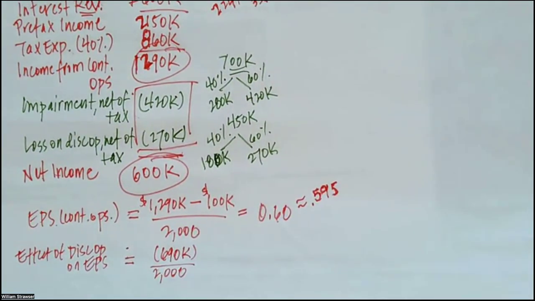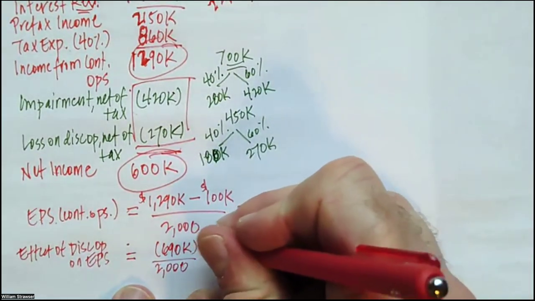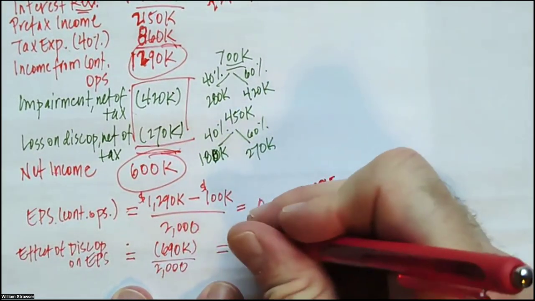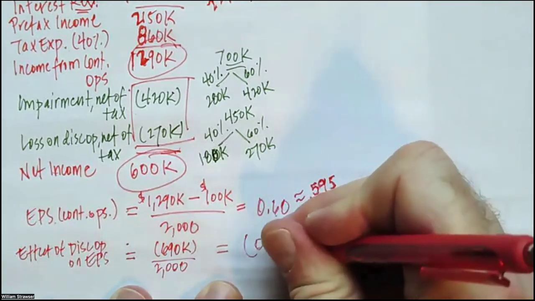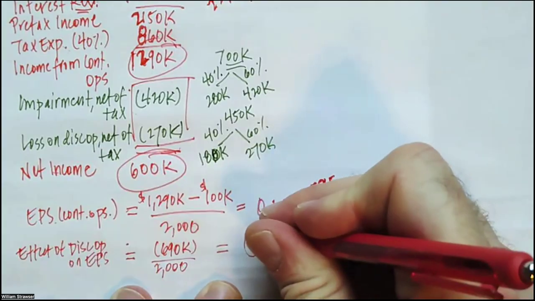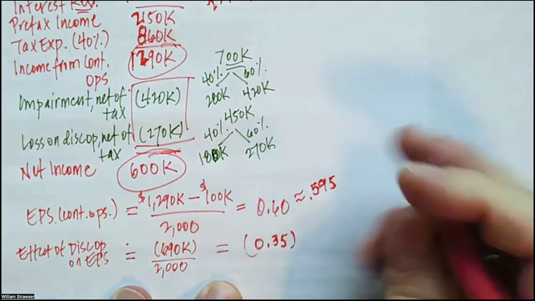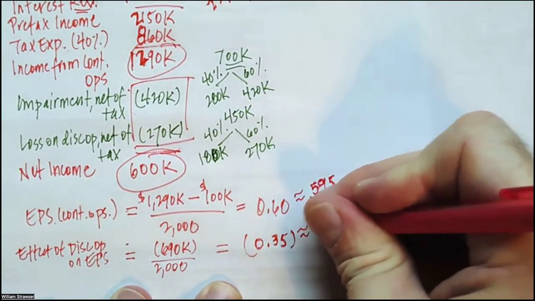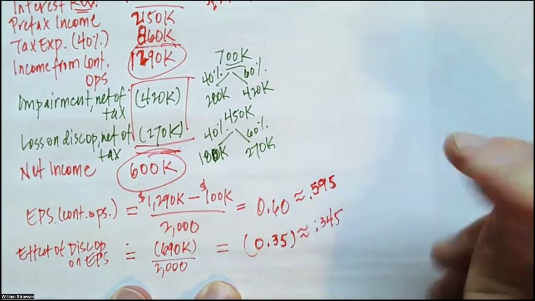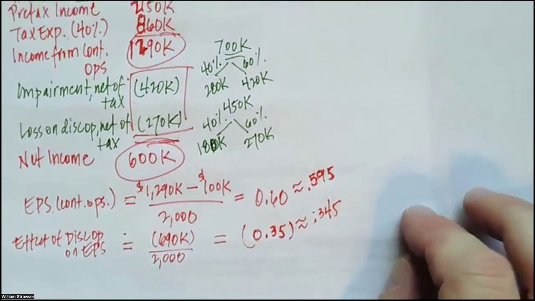So this will drag the earnings per common share down by 35 cents. Remember, of course, it should be negative because the numerator was negative and the denominator is positive. And again, I rounded from 34.5 cents.